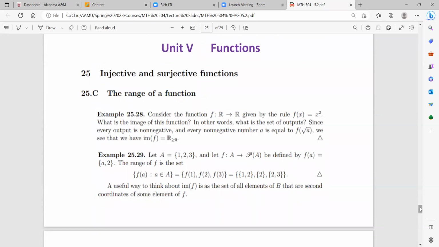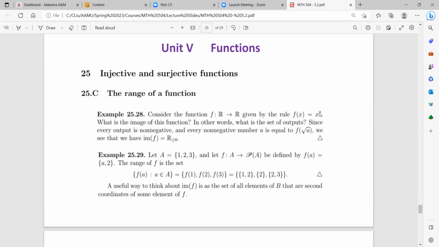The next example is a function from R to R given by f(x) equals x squared. So what's the image of the function, and what's the range? This is easy to do. You want to know the output of the function, and because you square any input, the function value can only be positive or 0.